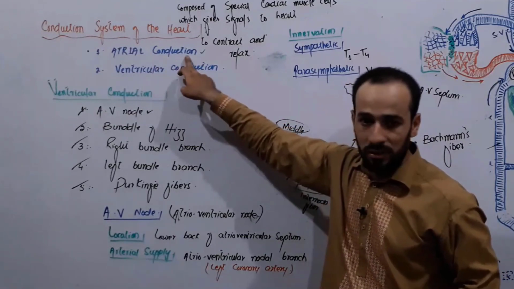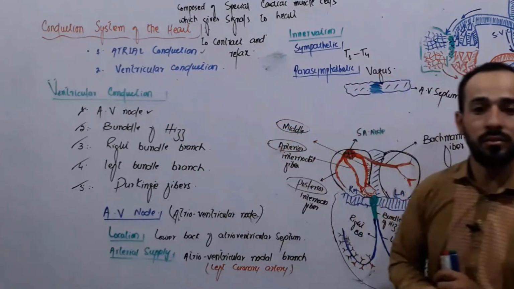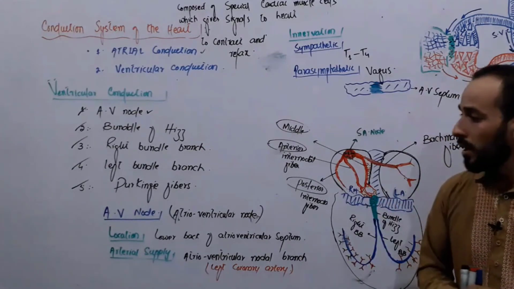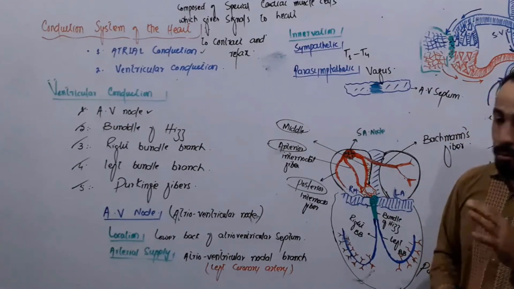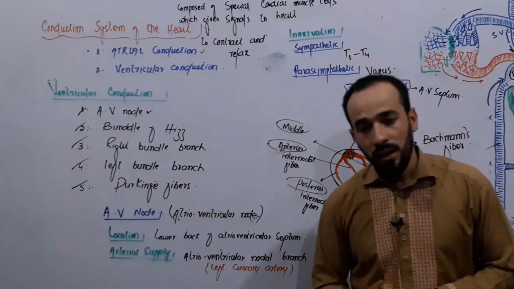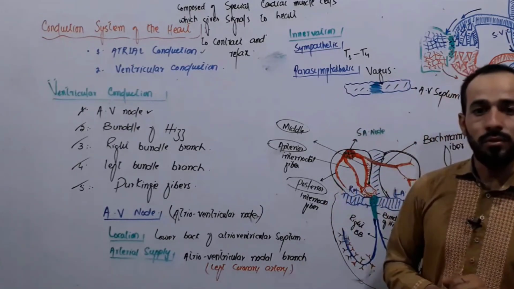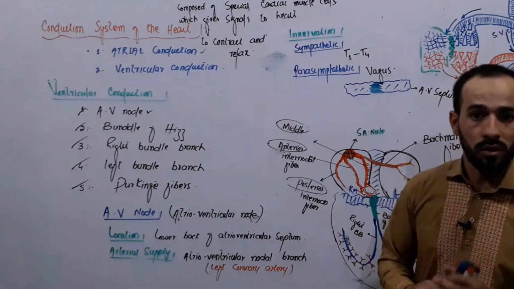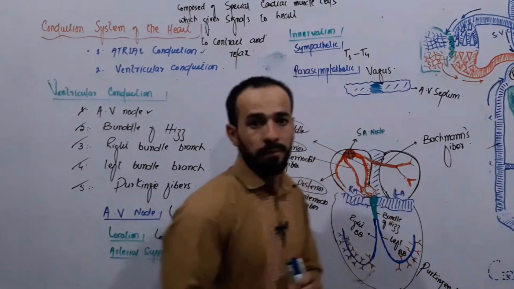The first one is the atrial conduction system and the second one is the ventricular conduction system, and we have explained both of them completely. Now in the next lecture we will discuss the coronary arteries, which we also call the coronary circulation of the heart.